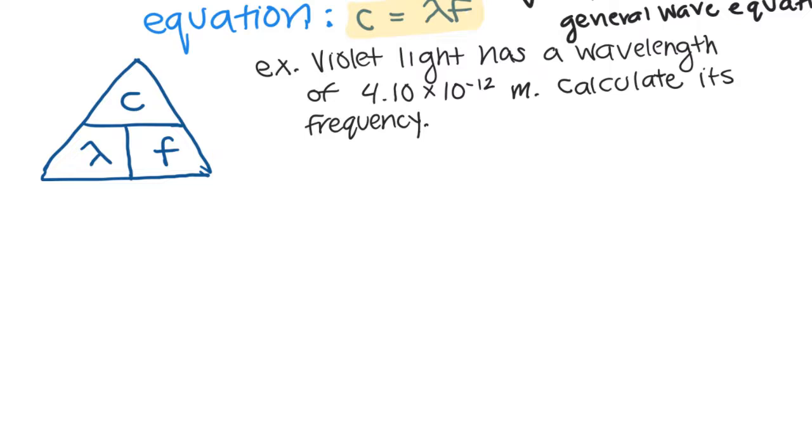All right. This problem says violet light has a wavelength of 4.1 times 10 to the negative 12th meters. Calculate its frequency. Again, we're using this scientific notation. If we were to put this in standard notation, its wavelength is 0.000000000004 1 meters long.